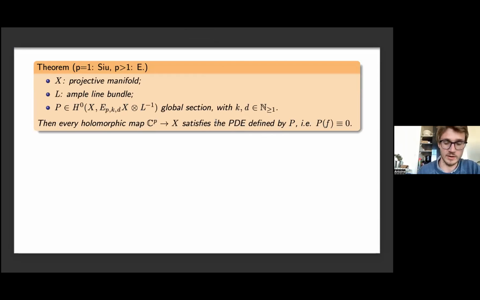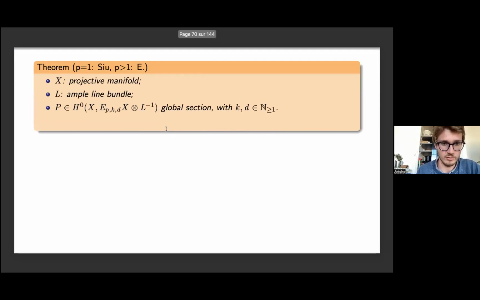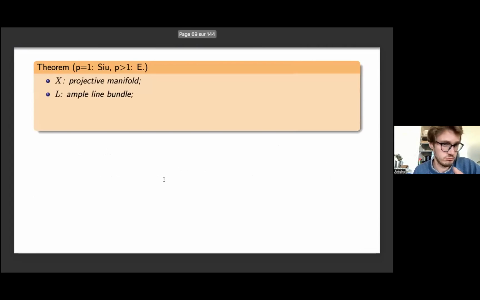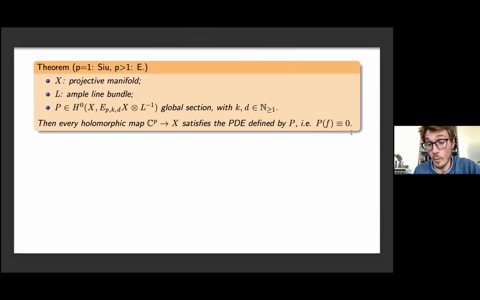So what do we mean by that? If you take such a holomorphic map from C^p to X, of course, you can see it locally around any point as a p-germ. And so you can apply your global section to this p-germ and see if it's 0 or not. What we mean here is that it is always 0 for every point.